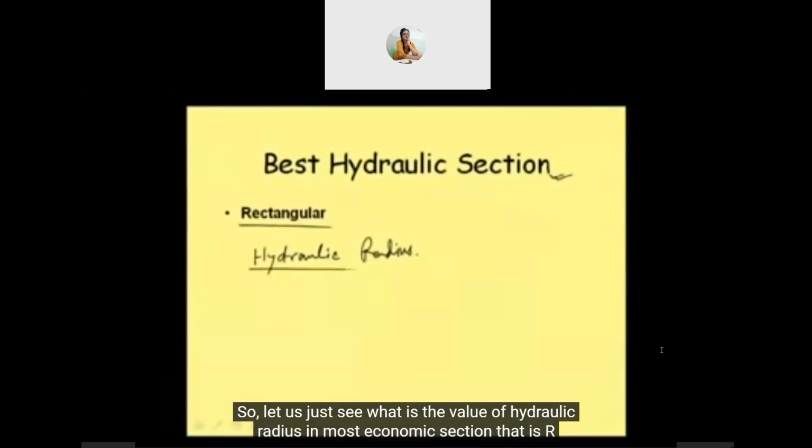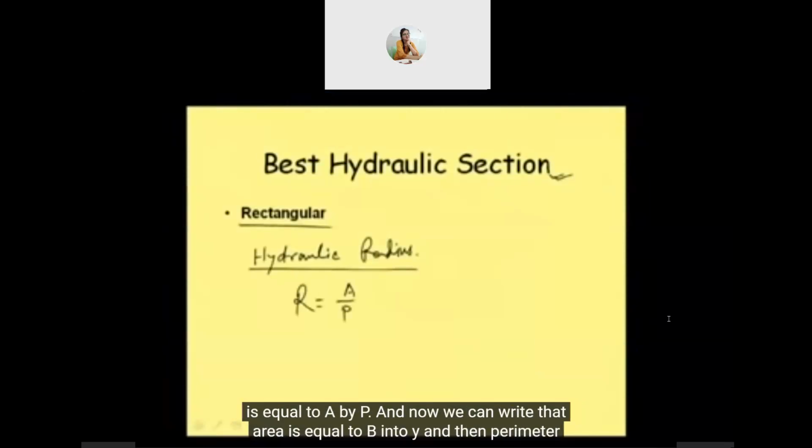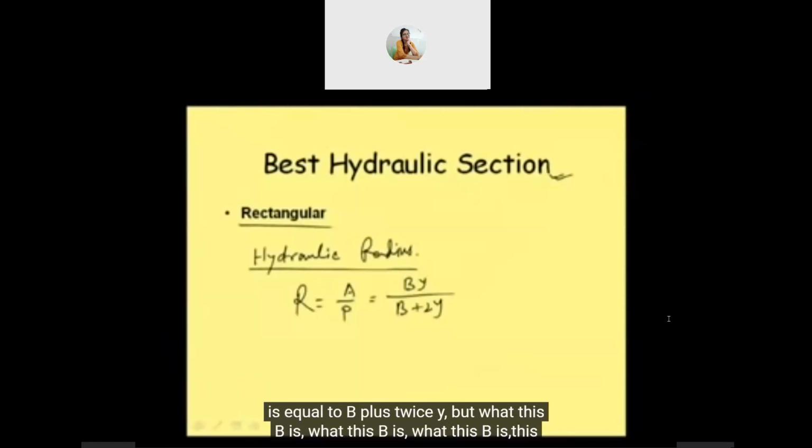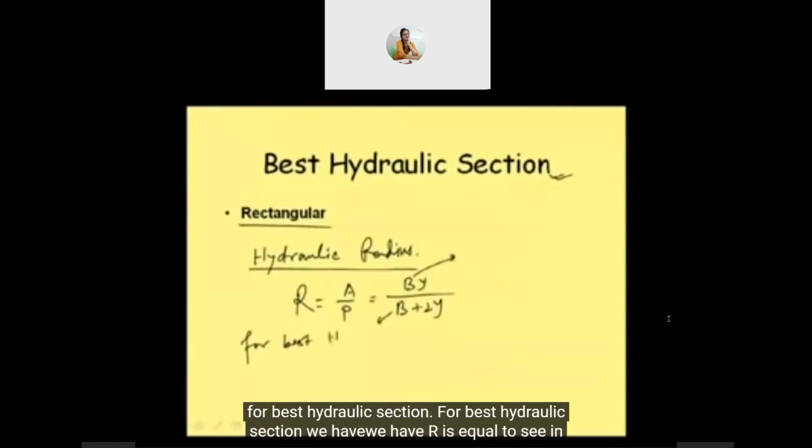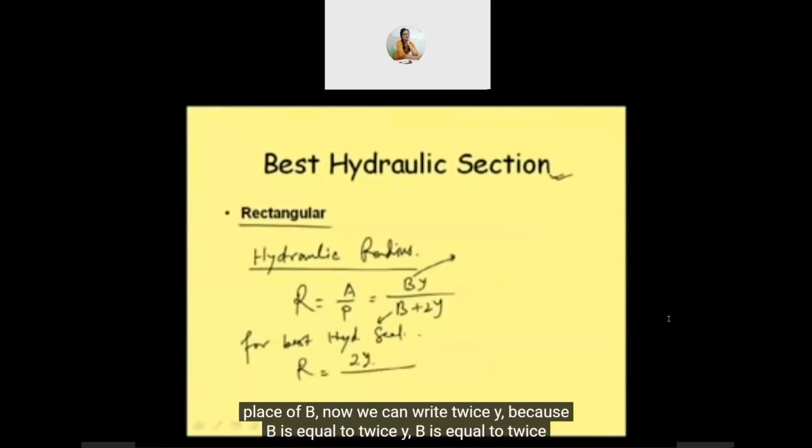So let us see what the value of hydraulic radius is in the most economic section. R is equal to A by P, and now we can write that area is equal to B into Y, and perimeter is equal to B plus twice Y. But for the best hydraulic section, we have B equal to twice Y. So R is equal to B into Y, that is twice Y square, by twice Y plus twice Y, which is 4Y.